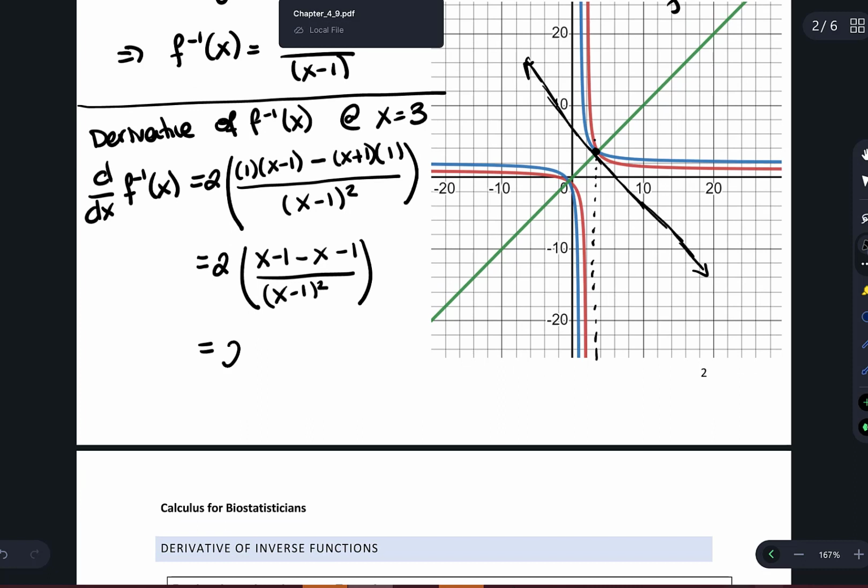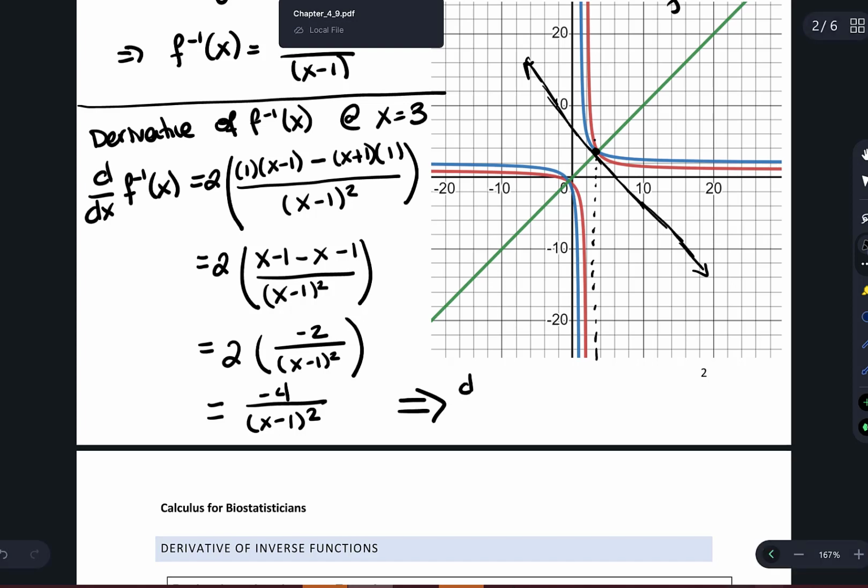This is equal to 2 times... Notice the x's cancel, so I have -2 over (x minus 1) squared. And then notice that this is equal to -4 over (x minus 1) squared. So now I can evaluate this at 3.